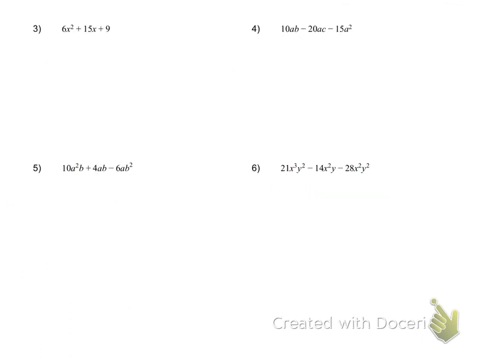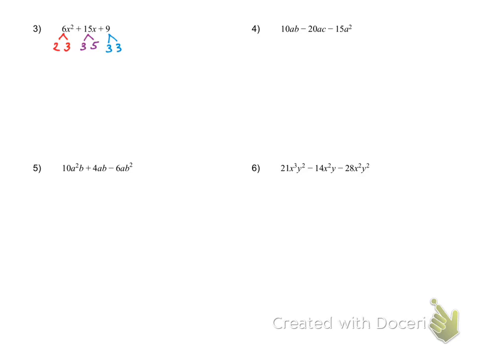Now for number 3, we actually have 3 terms here. So if we factor this out, we have 2 times 3. For 15, we have 3 times 5. And for 9, we have 3 times 3.